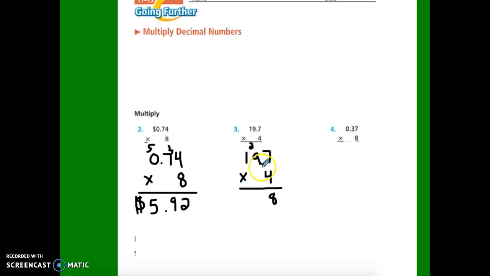Now I want you to notice the decimal is right there, so I'm going to bring it down. Okay, 38, so put my 8 here. Carry my 3. And then we go 4 times 1 is 4, 5, 6, 7. So 19 7/10 times 4 is 78 8/10.